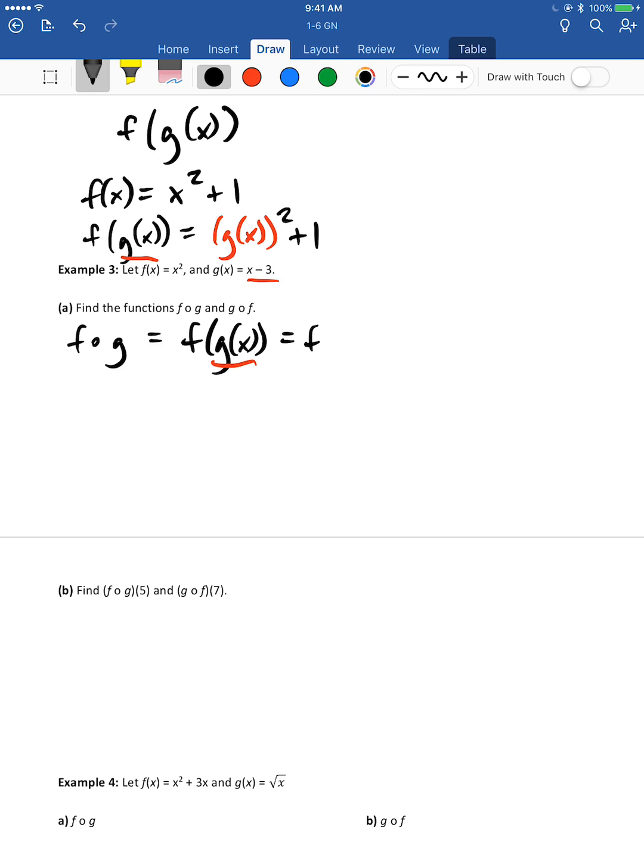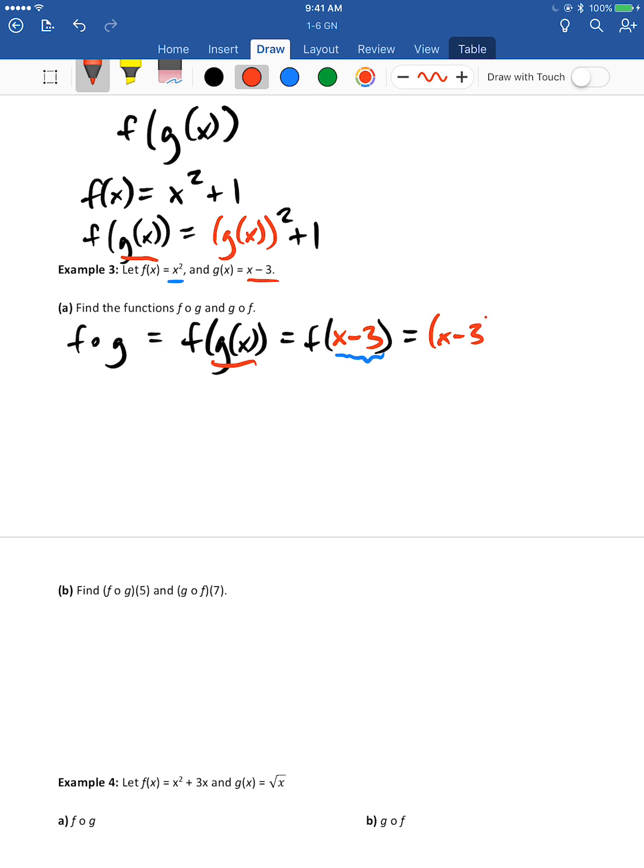So I have f of x minus 3 instead of just f of x. And so now I take this x minus 3 and I plug it into my original f of x. So everywhere I see an x, I'm plugging in x minus 3.